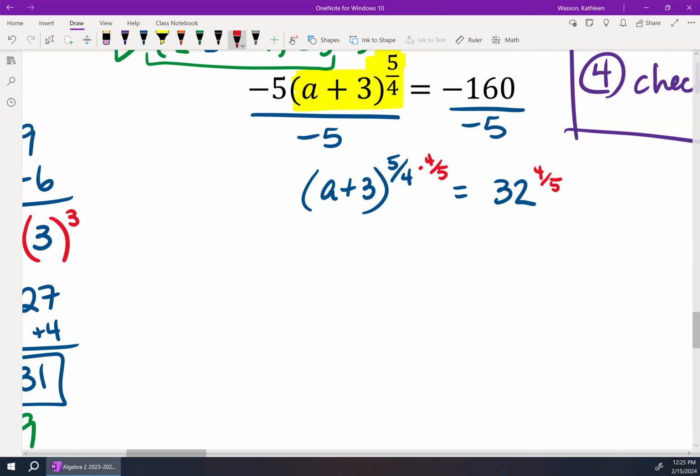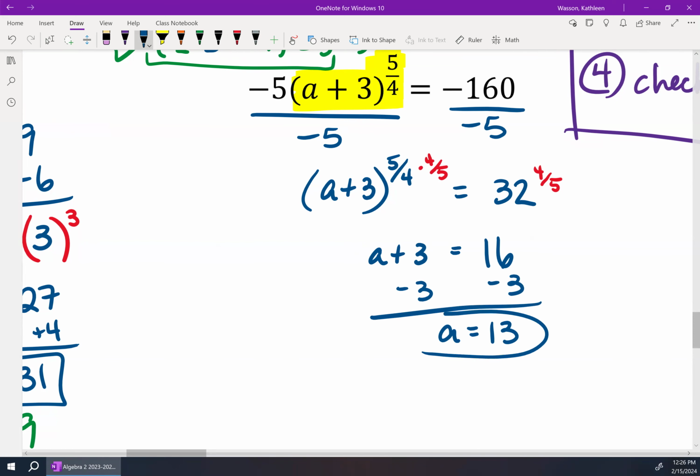I have just eliminated my exponent. I now have a plus 3. This is equal to 32 to the 4/5. You can put that in the calculator. 2 to the 4th is 16. And then you solve for the variable. And you find that a is 13.